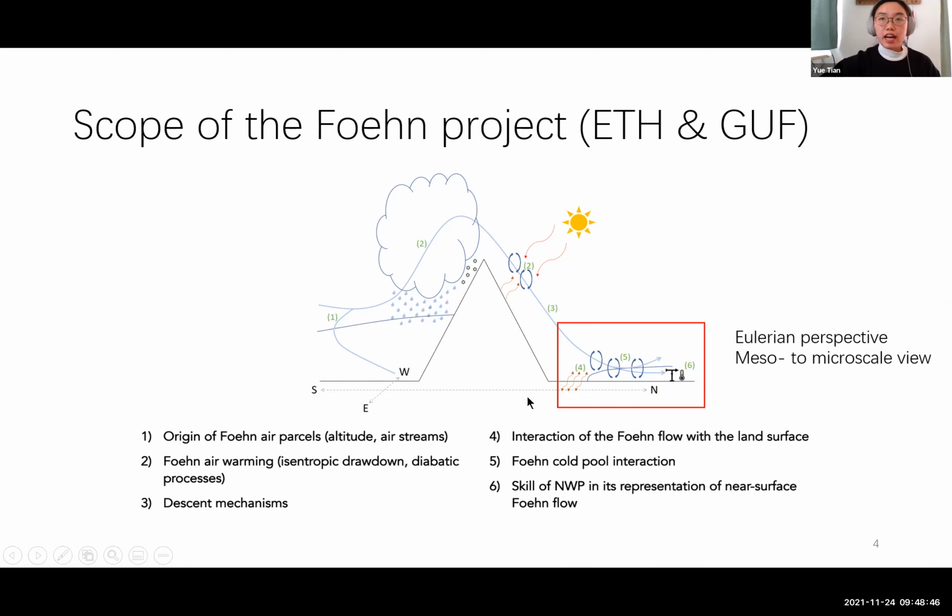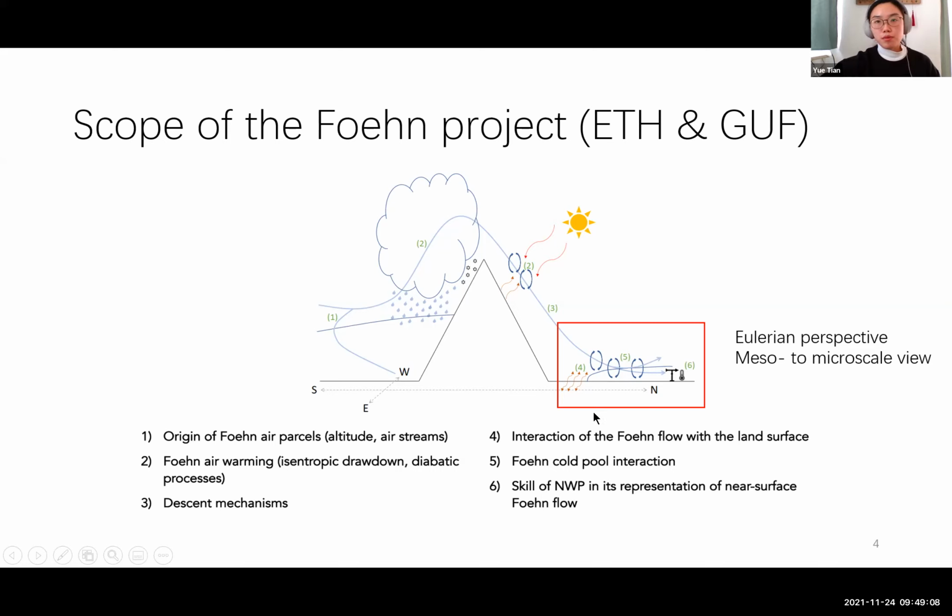But on our side, we focus more on the processes in this valley, shown with this red square, and we focus on the meso to small scale, using a Eulerian perspective.